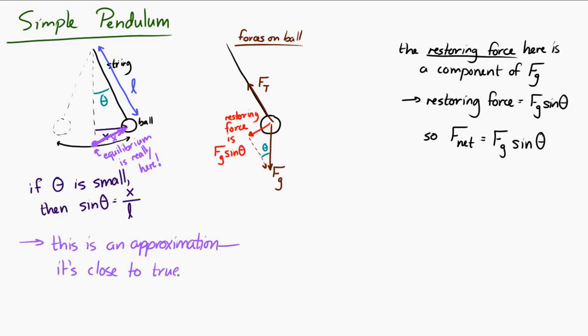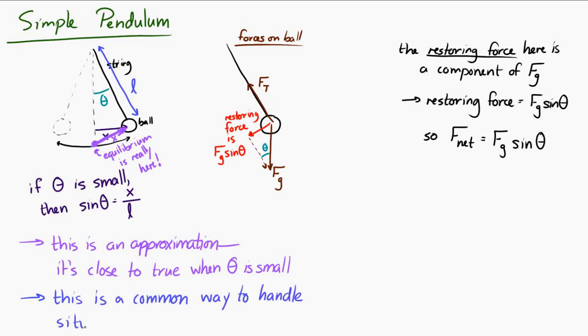And if that makes you very uncomfortable, and if you're a geometry teacher, you can imagine your geometry teacher just yelling at you about what you're doing right now. Well, this is a pretty common thing to do in physics. It's pretty common to make an approximation like this. So you might not like it right now, but try to get used to it.